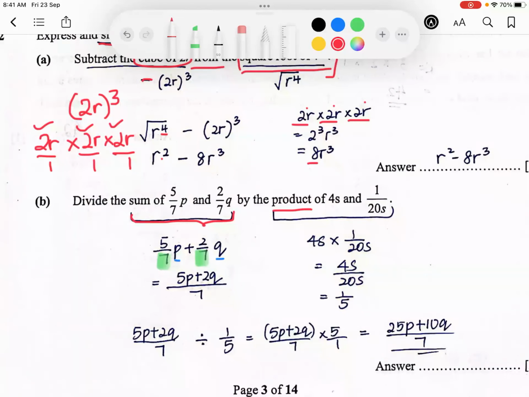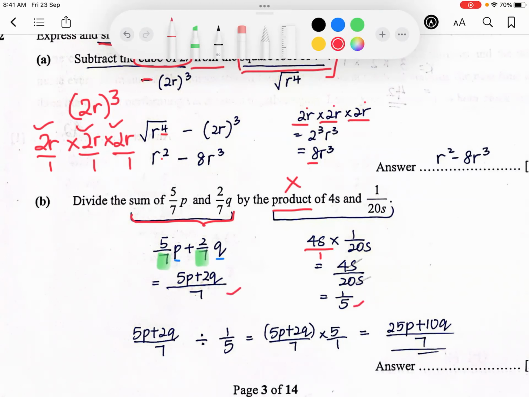What does product mean? Times. So it's actually 4s multiplied by 1 over 20s. We combine it together, this is 4s over 20. You'll notice the s and the s can cancel away. 4 over 20 will be 1 over 5. Those of you who don't want to write working can straight away calculate using your calculator.